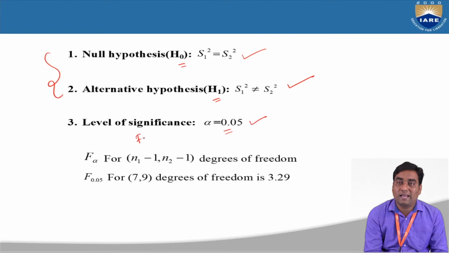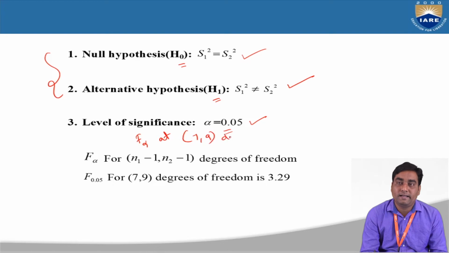We choose the F alpha value at n1 minus 1, which is 7, comma n2 minus 1, which is 10 minus 1, 9 degrees of freedom. This value we have to choose from the F distribution table.